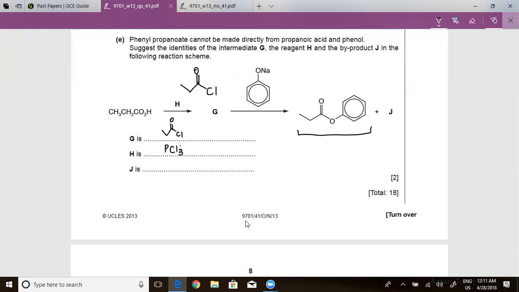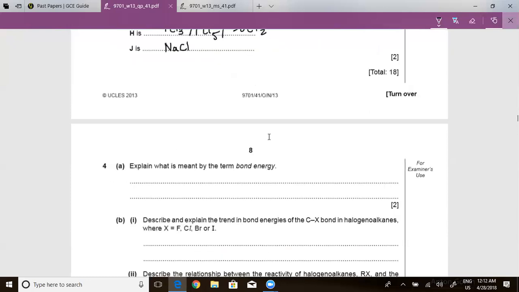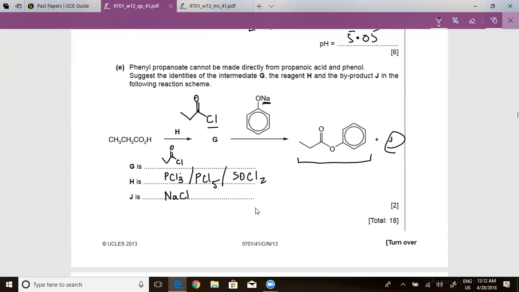Or you could do SOCl2 as well. अच्छा, ये इधर से रिएक्ट करेगा, Na बच जाएगा, NaCl बच जाएगा. Because ये वाला Na और ये वाला Cl को हमने kick out कर दिया था, तो ये J में आ गया. And the reason why we're going from the acid to the acyl group is because of increase in reactivity. The acyl chloride is more reactive.